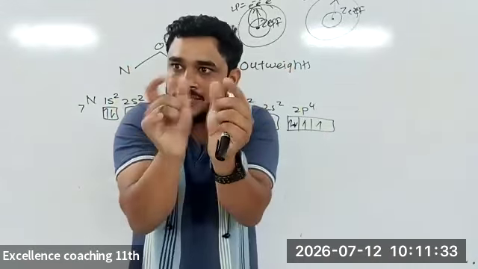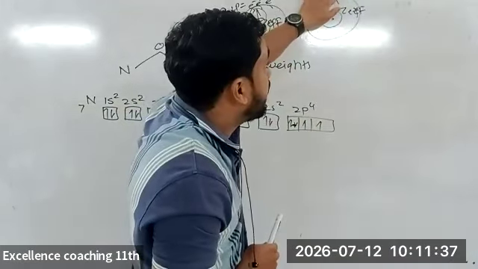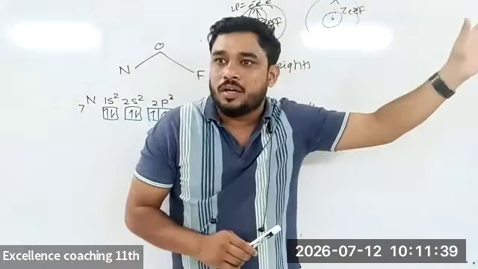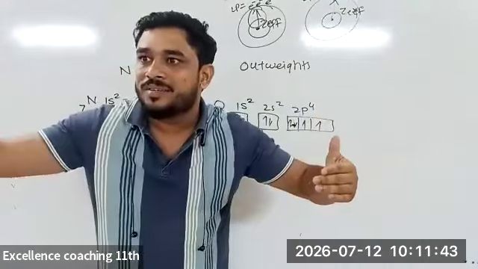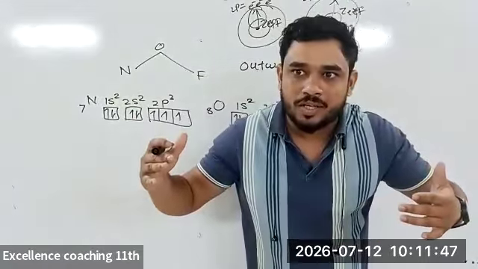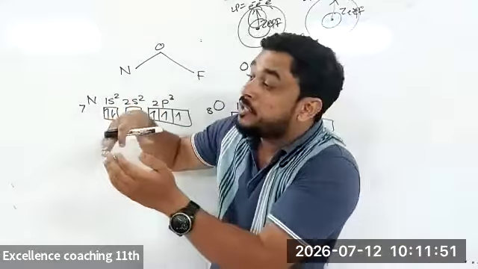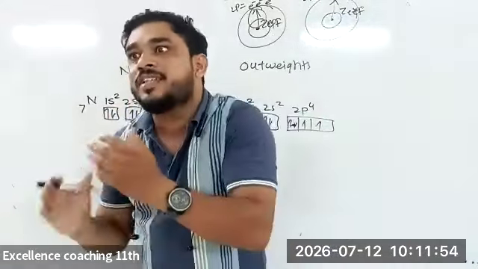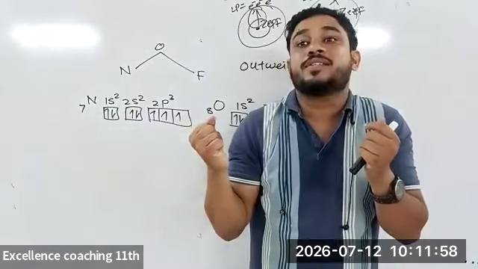So repulsion will happen. Here in oxygen the inter-electronic repulsion is more. Effective nuclear charge is there, but the inter-electronic repulsion is so much that it cancels that effective nuclear charge. The nucleus cannot pull and hold the electrons.